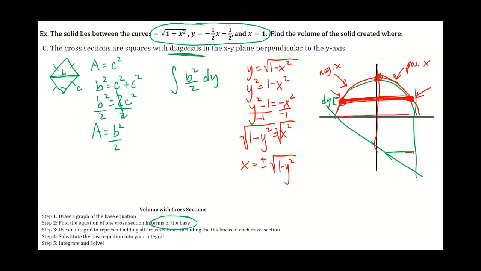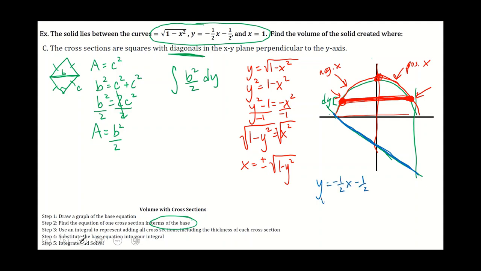Now that's different than over here, where the base is in between the line x equals 1 and the line y equals negative 1/2 x minus 1/2. So let's go ahead and solve for this line here in terms of y. So we have y equals negative 1/2 x minus 1/2.